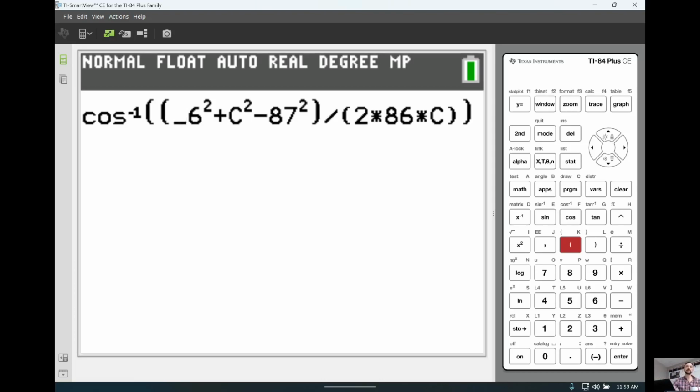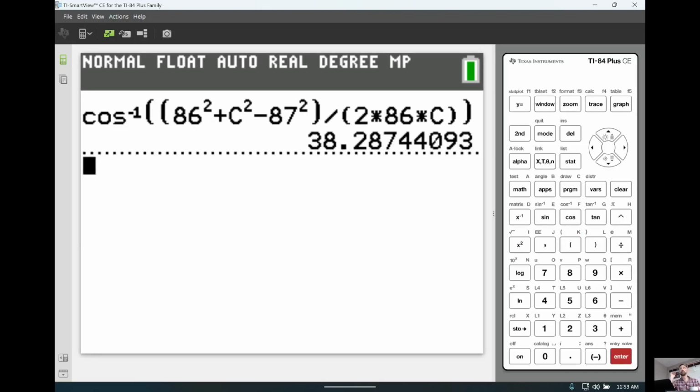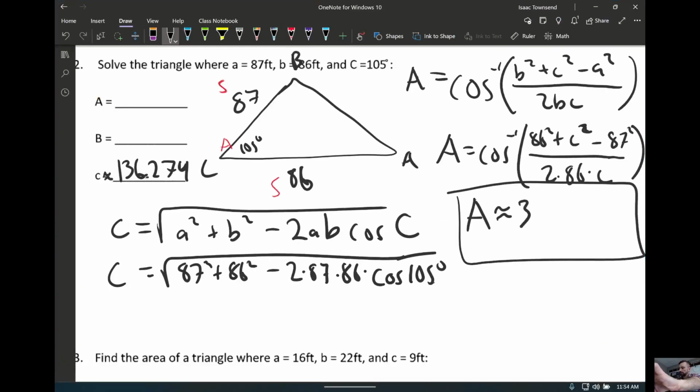It's implied parentheses. We just don't write them when we do a big fraction. But if you want to do it that way, it's fine. There's the answer to that part of that question. 38.287 degrees.